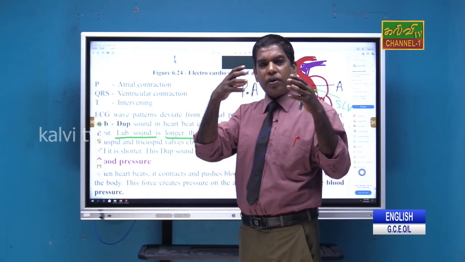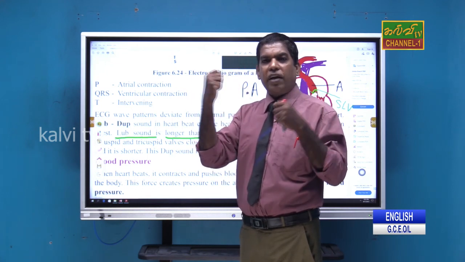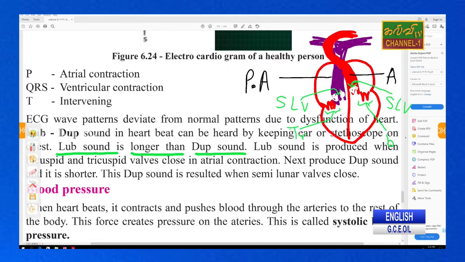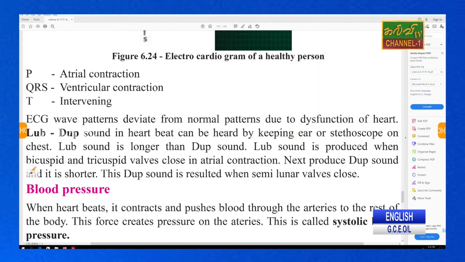When they close, we can hear the sound. Here they mention that the lub sound is longer than the dub sound. The lub sound is produced when the bicuspid and tricuspid valves close in atrial contraction. And the dub sound is shorter, resulting when the semilunar valves close, right? So when these valves close, you can hear the sound.